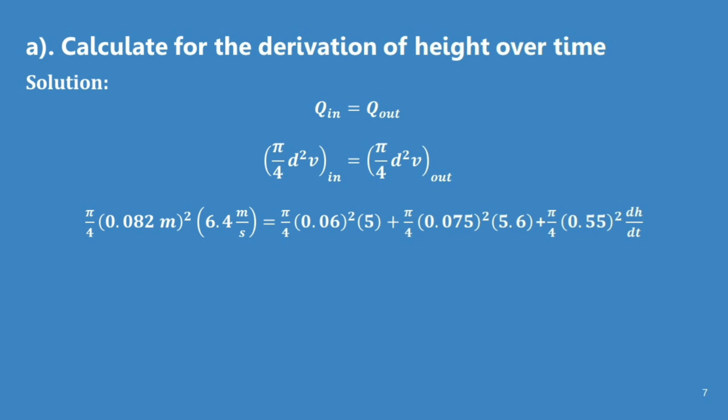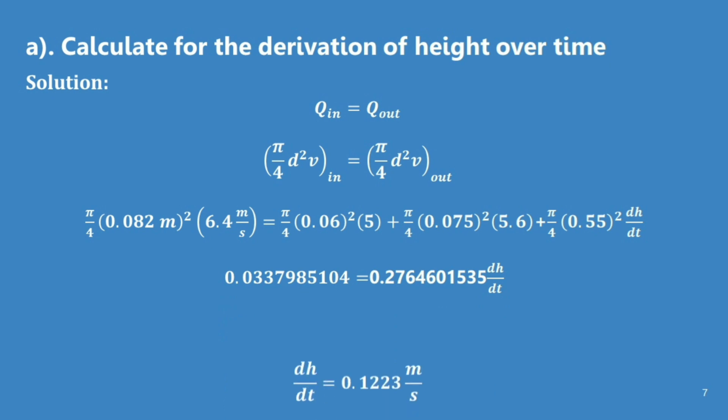And on our right side, we're going to plug in the summation of the discharge that goes out from our container. After plugging in all the needed values, we can now easily acquire our dH over dt, that is 0.1223 meters per second. That is the variation of our height over time.